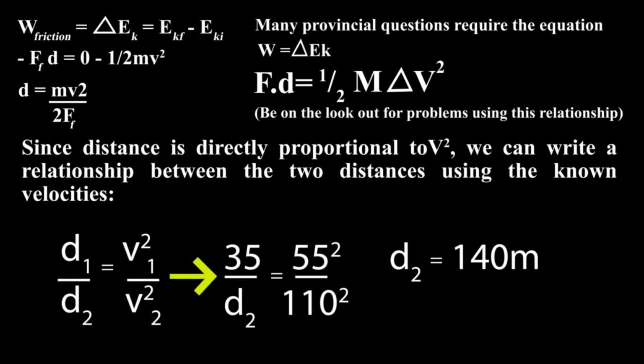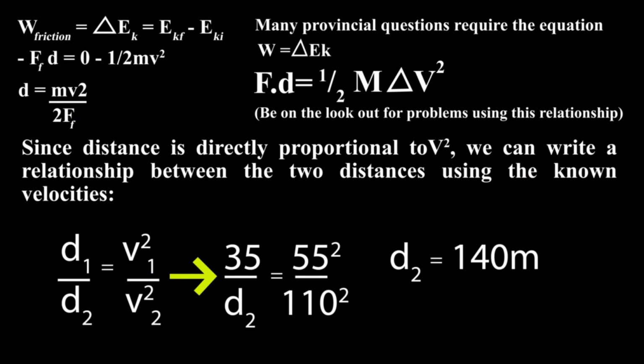It is 35 according to the question. d2 is what we're looking for, so we can say 35 over d2 is equal to, what is v1? v1 is 55 according to the question, and v2 is 110, so 55 squared all over 110 squared.